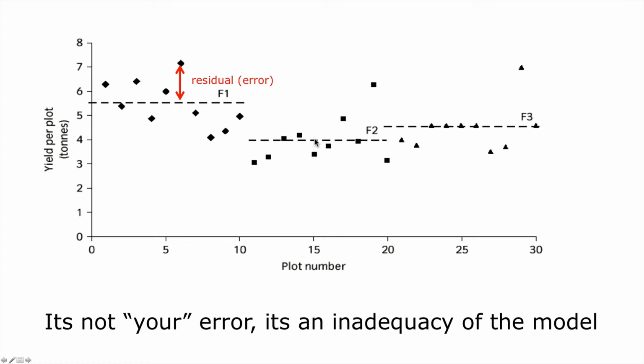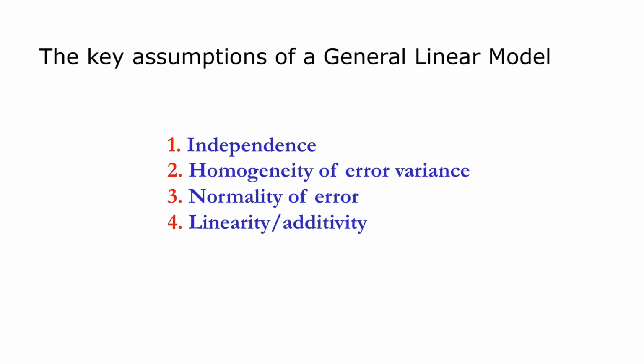Why are we making that assumption? Well, it boils down to our use of the F distribution. You remember the F distribution is a ratio of two estimates of the variance, but each of them are assumed to have been drawn from either the same normally distributed population or two different normally distributed populations with the same variance. So the normal distribution assumption comes directly from our use of the F distribution.